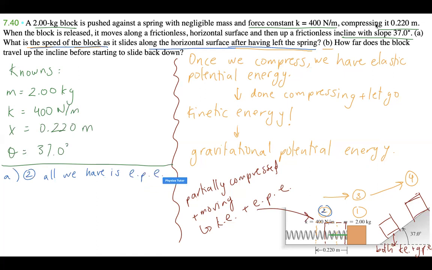Then what we want is the speed once it leaves the spring. So all of the energy from the spring turns into kinetic energy, right? That is at stage 3, so 3 is kinetic energy.